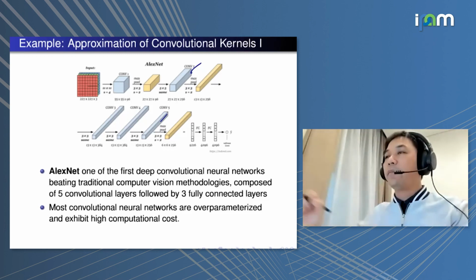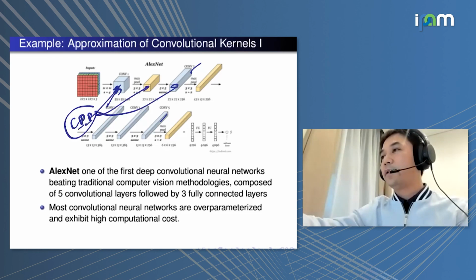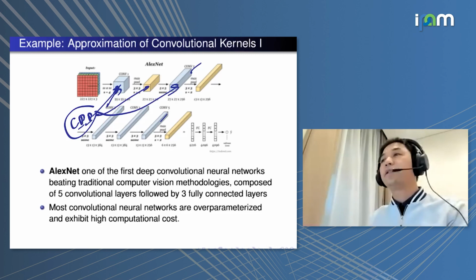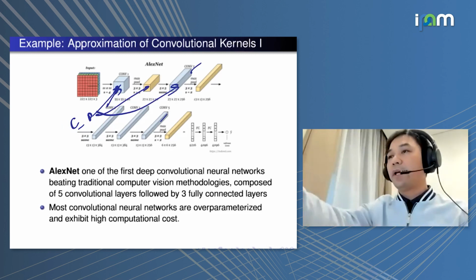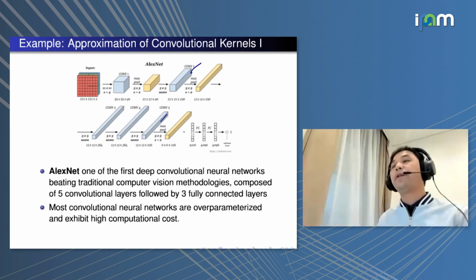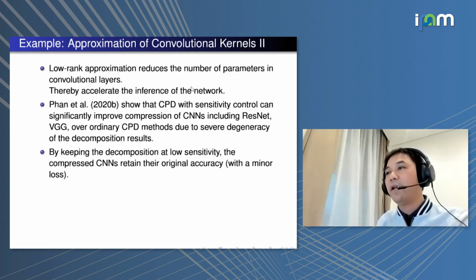People applied tensor decomposition, they applied CP decomposition to replace the core tensor in the convolutional neural network. But we propose here that we use tensor trains. But remember that if you apply tensor train using ALS or any algorithm for tensor train, we will face the problem of instability.